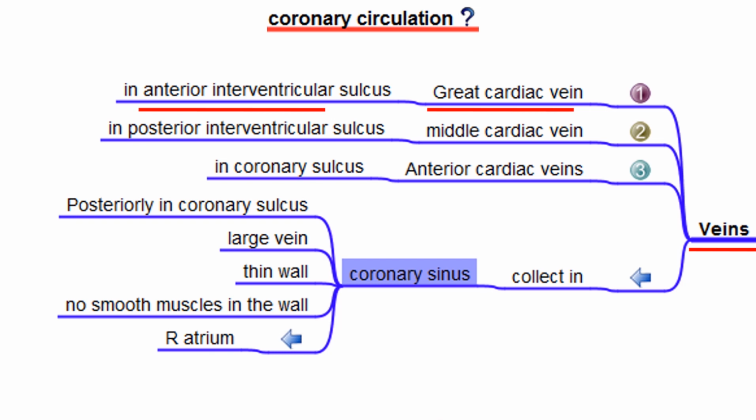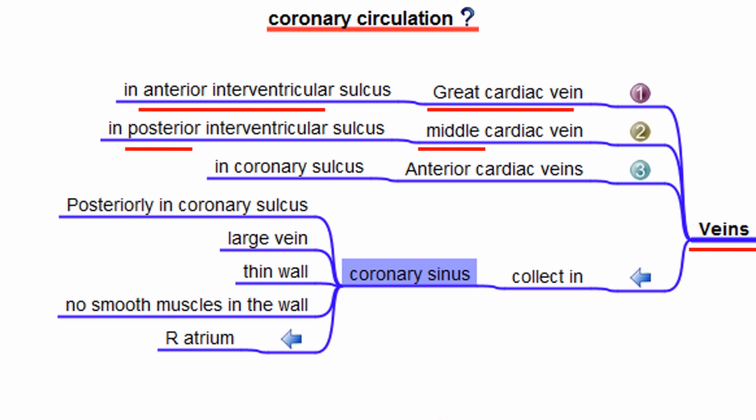Then we have the middle cardiac vein, which runs along the posterior interventricular sulcus, along the posterior interventricular artery, a branch of the right coronary artery.